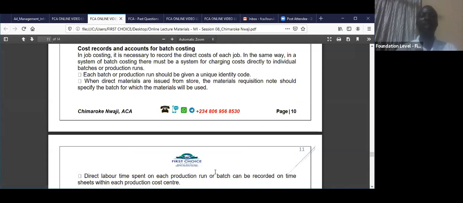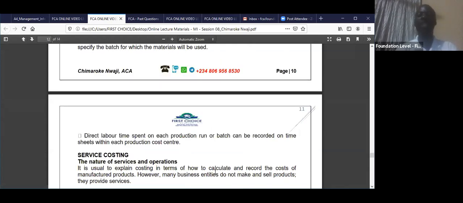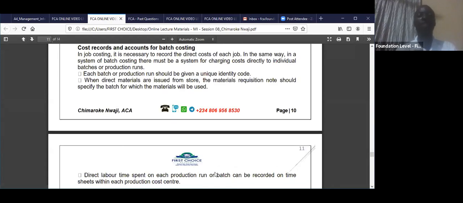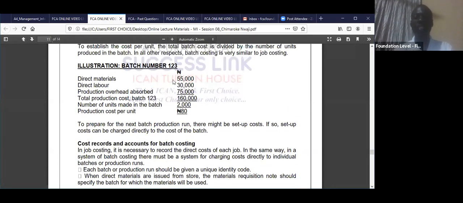Now, for direct labor, time spent on each production run or batch can be recorded on timesheets within the production cost center. So you see, everything we did in job costing is the same we will do in batch. The difference is that job is for one unit, while batch is for similar items making up a batch, and we can now find how much it is for just one.